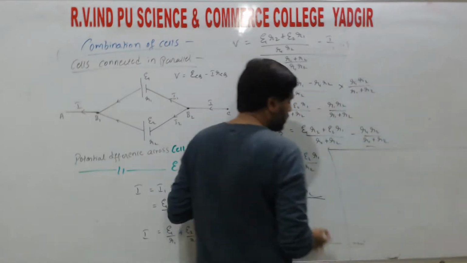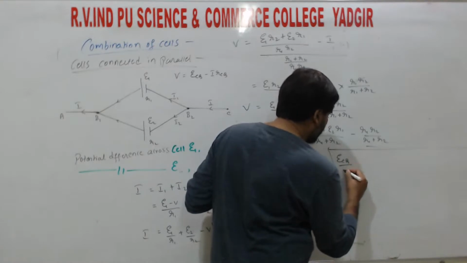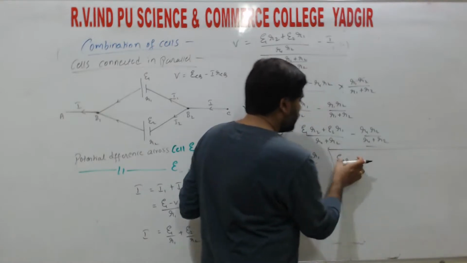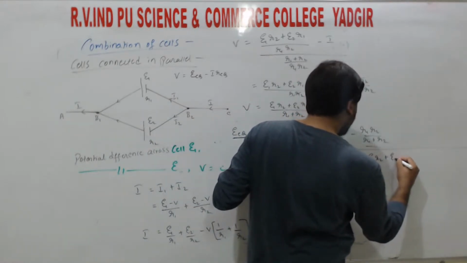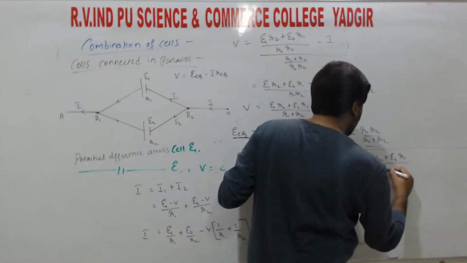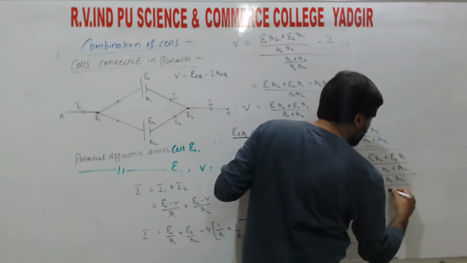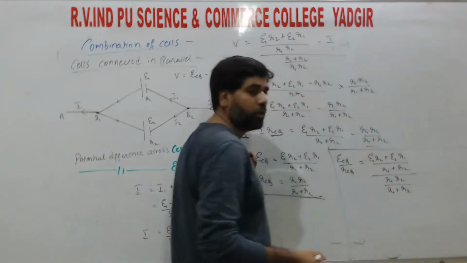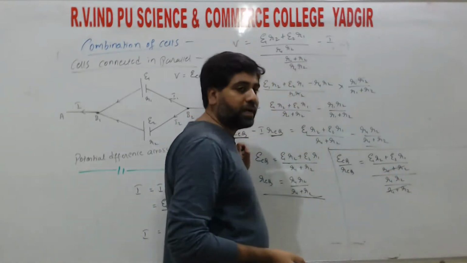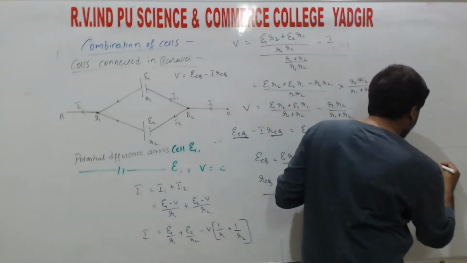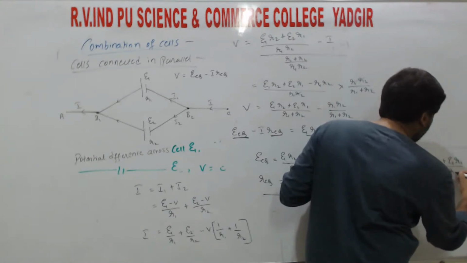Now this will come under the special cases. If we take the ratio of E equivalent to R equivalent, in the numerator we write E equivalent, that is E1 R2 plus E2 R1 by R1 plus R2, whole divided by R1 R2 by R1 plus R2. Here R1 plus R2 gets cancelled, so we get E1 R2 plus E2 R1 whole divided by R1 R2.